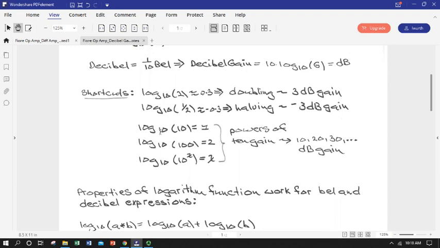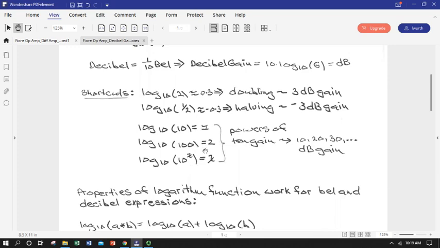So log base 10 of 10 is 1 because you would have to raise 10 to the first power to get 10. Log base 10 of 100 is 2 because 2 is what you'd have to raise 10 to get 100. 10 squared, or 10 times 10, is 100.